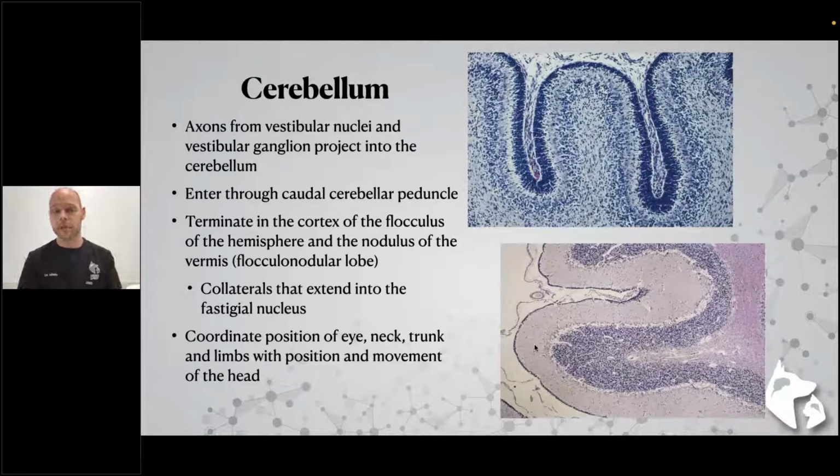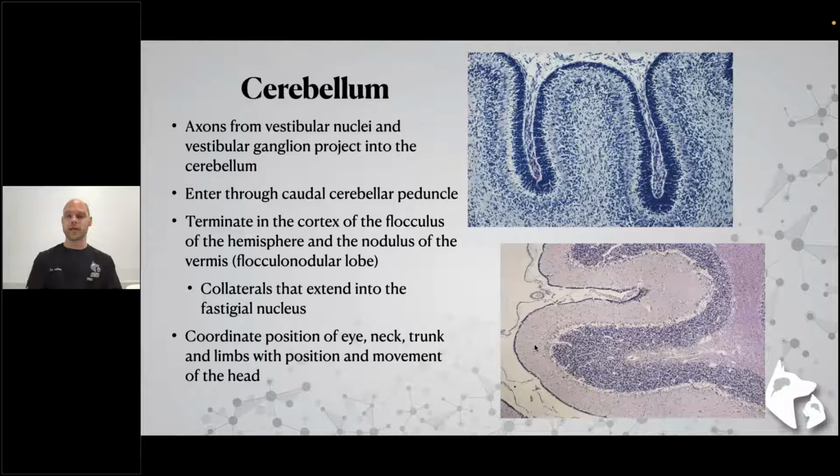Your cerebellum is also involved with this. Axons from the vestibular nuclei and the vestibular ganglion project up into the cerebellum, which is used mainly to coordinate movements. It doesn't initiate movement, but it does help smooth them out and coordinate them with whatever else is going on.